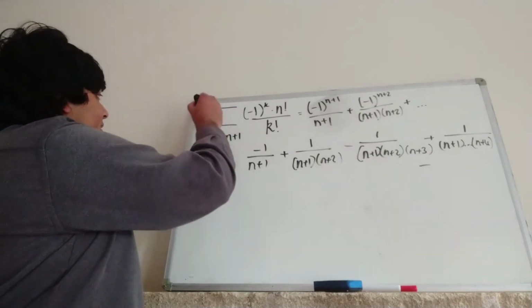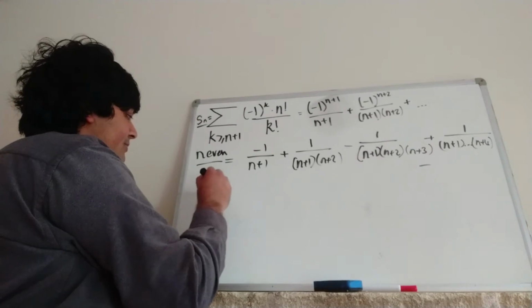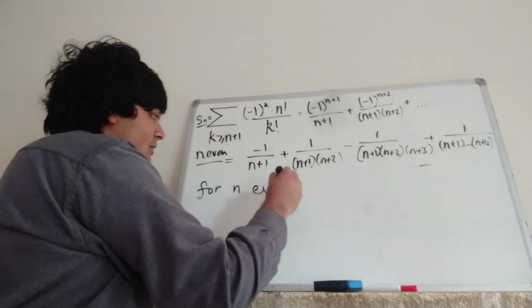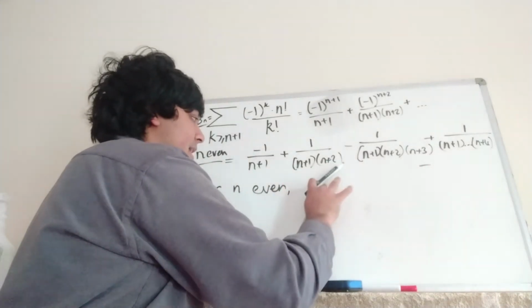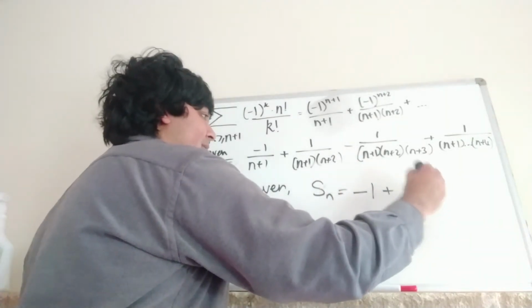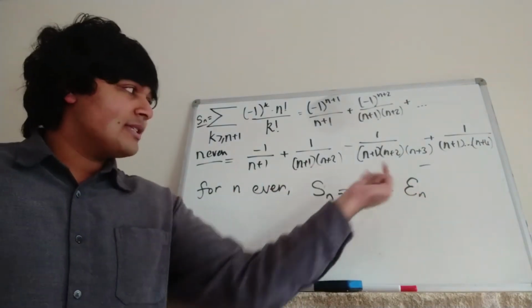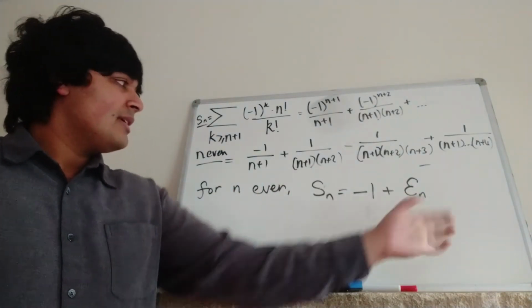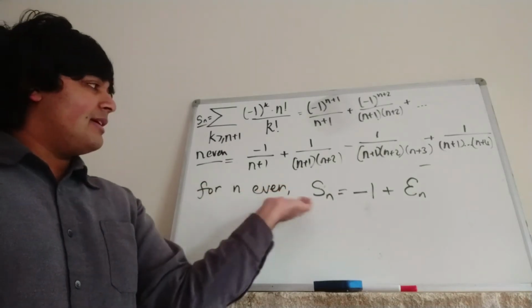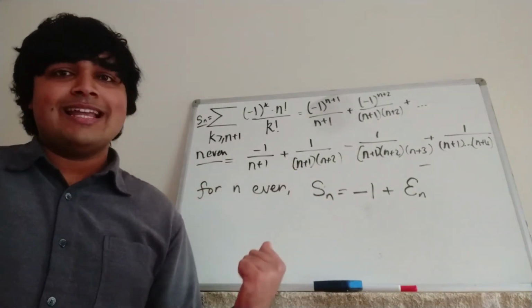If I call this expression Sn, for n even, Sn is equal to -1 plus some epsilon n term. So this is just a small positive number between 0 and 1. And that's essentially what I mean by Sn being -1 plus epsilon n, because it's between -1 and 0.